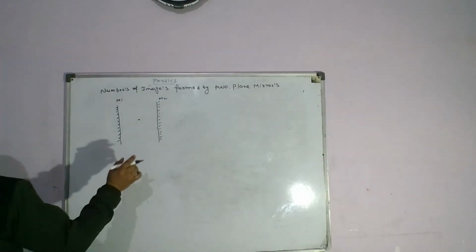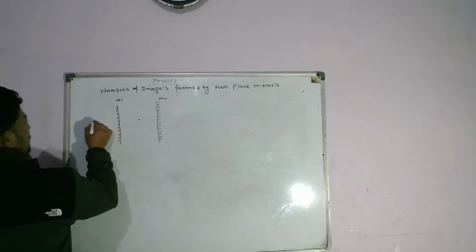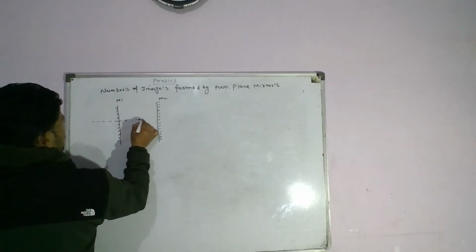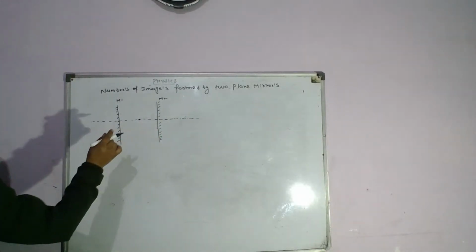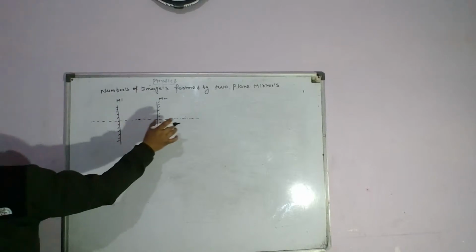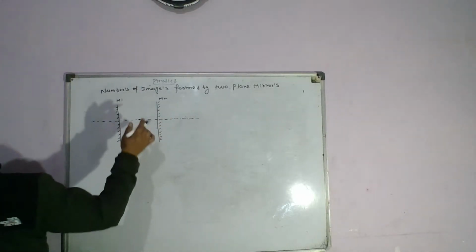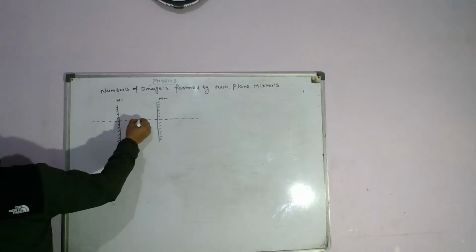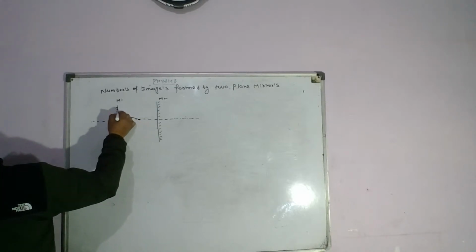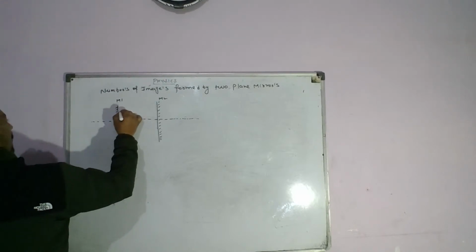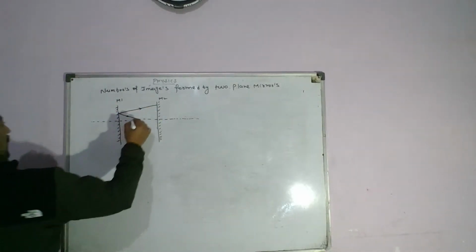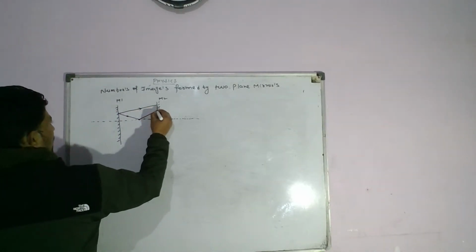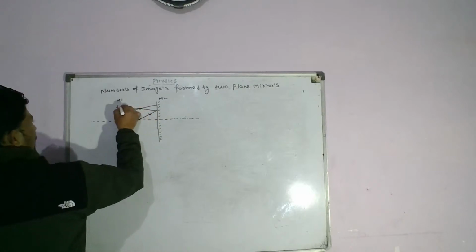So if the object is placed, listen carefully, this distance and this distance are equal. It means from the object, the incident ray can strike this point here, and then again strike the other mirror at this point, and with respect to the other mirror, again on this point.